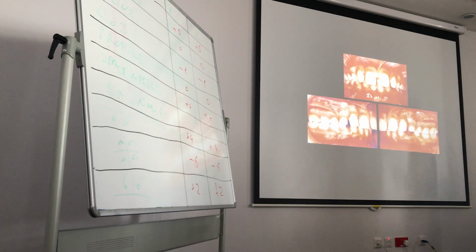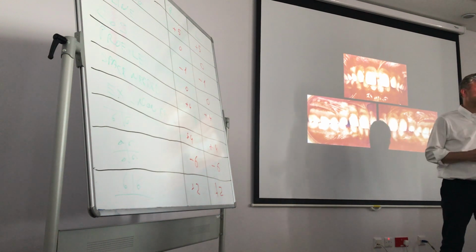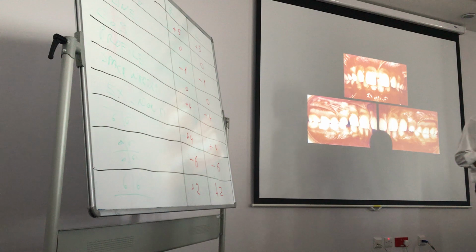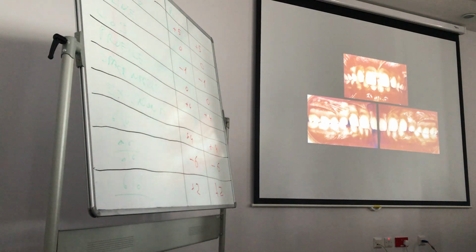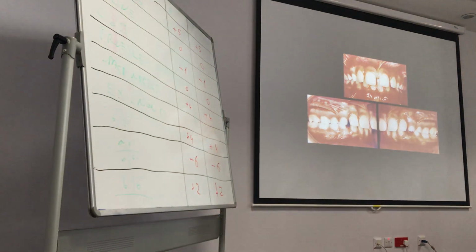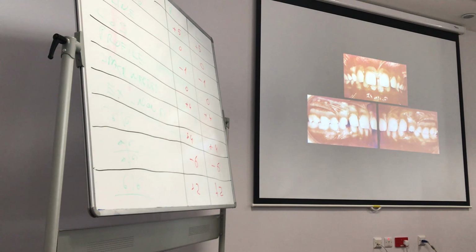A question: is it easier to calculate first the relationship between the molars, and then figure out the movement of the lower molar, or not? I don't get it.